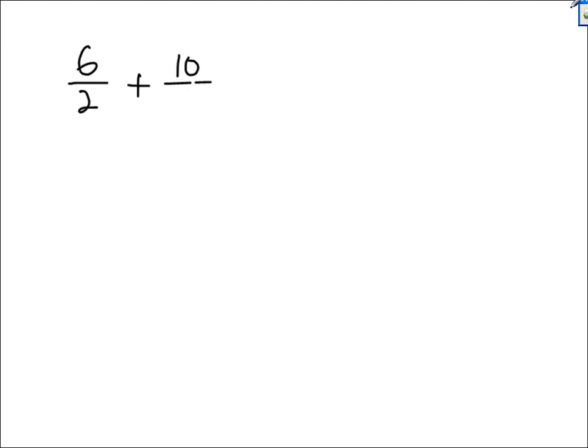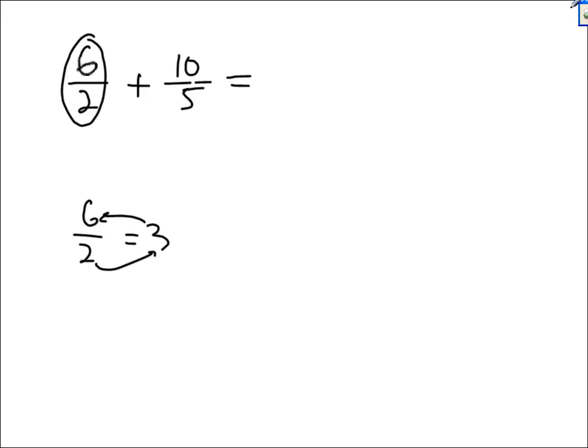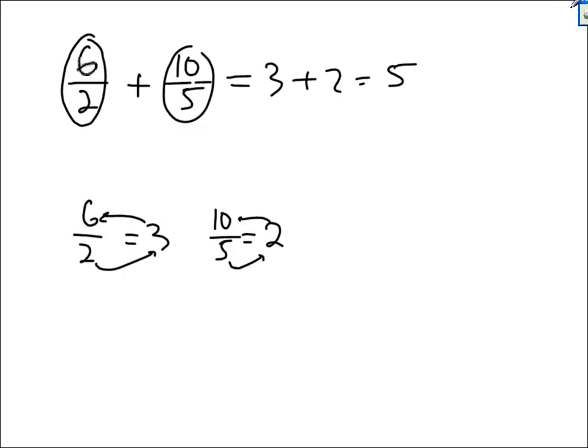Like I've been suggesting, before you bother to get common denominators and this and that, reduce. 6 over 2 is just 3, because 2 times 3 is 6. And 10 over 5 is 2. You have $10 and you share it between 5 people. Each person gets $2. 5 times 2 is 10. Now this is 3 plus 2, which is 5, and the problem's over.